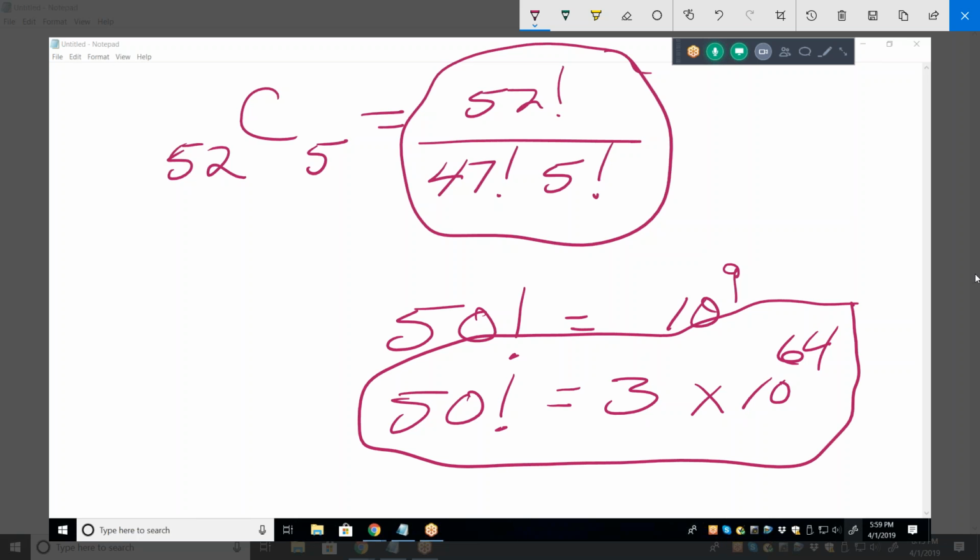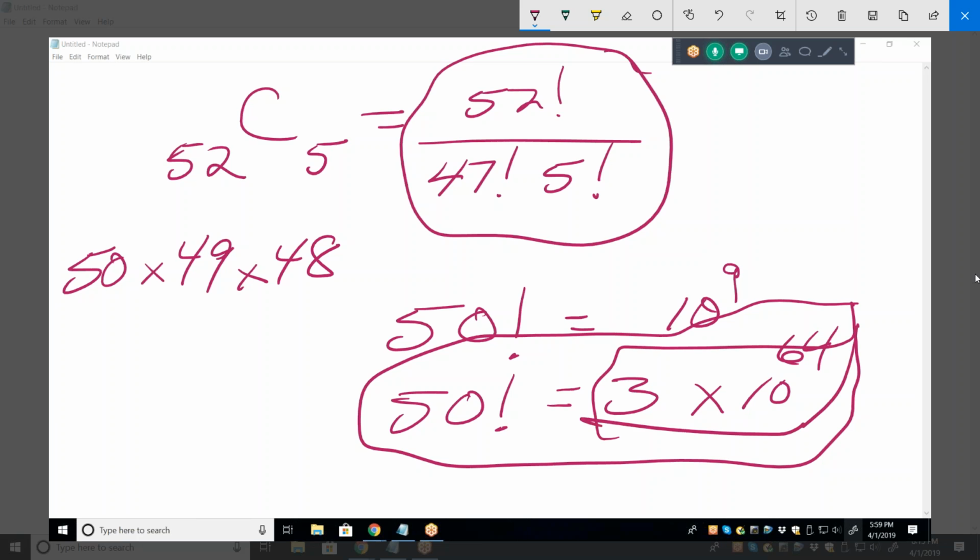There's only like 10 to the 50th molecules in the observable universe. Wow. And yet, 50 factorial. That always shocks me and anybody that I point it out to. Because you wouldn't think that 50 times 49 times 48 all the way down would be such a humongous number.